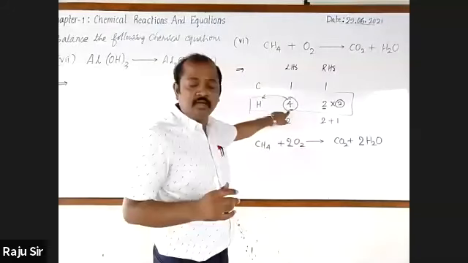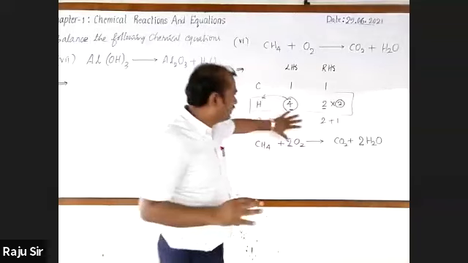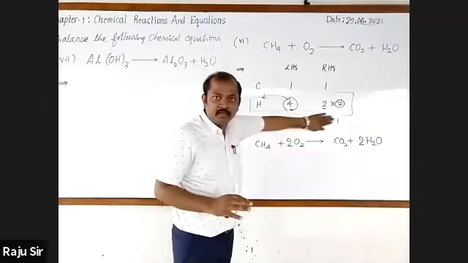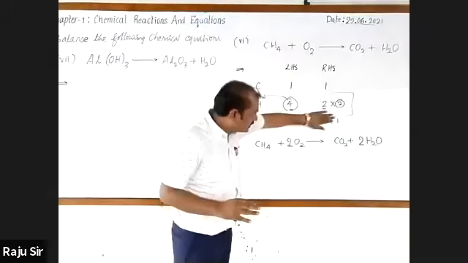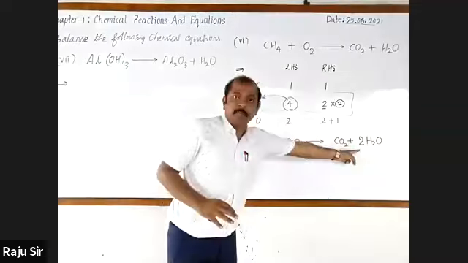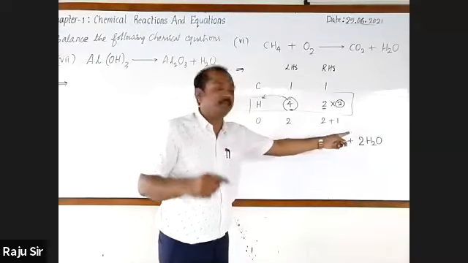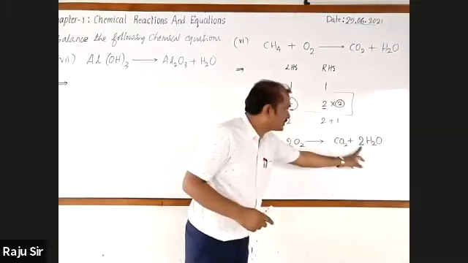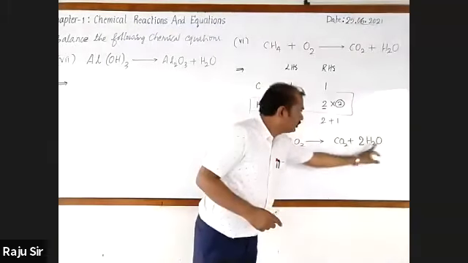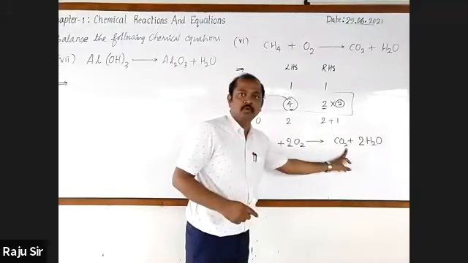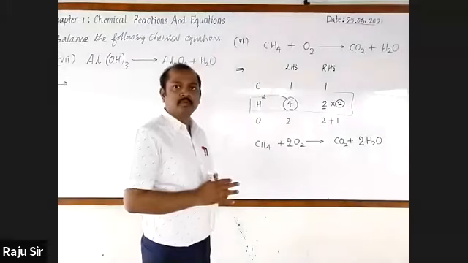Now hydrogen is balanced. When hydrogen is balanced again, there will be variation in the number of atoms of oxygen as well. Oxygen here, 2 ones are 2, here 2 plus 2, 4 atoms, got it?